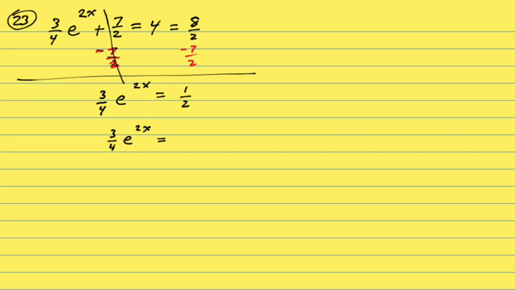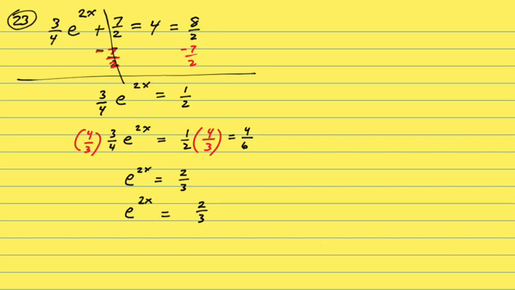Now I want to get the variable by itself, so to get rid of the 3/4, you multiply by the reciprocal, which is 4/3. So that gives me e to the 2x equals top times top, bottom times bottom, 4/6 or 2/3. So I have e to the 2x equals 2/3.